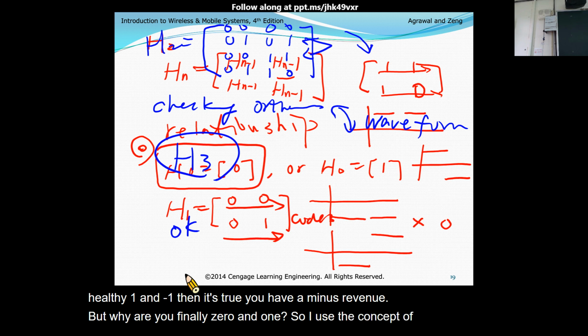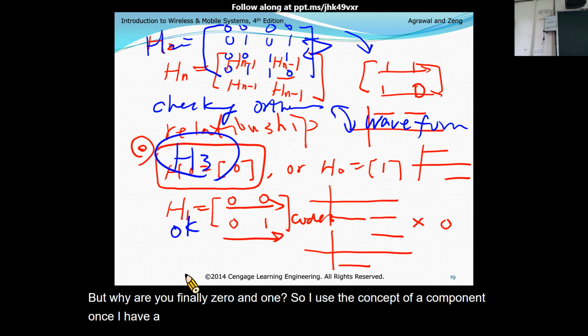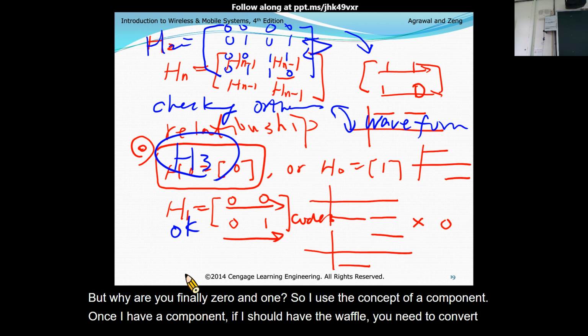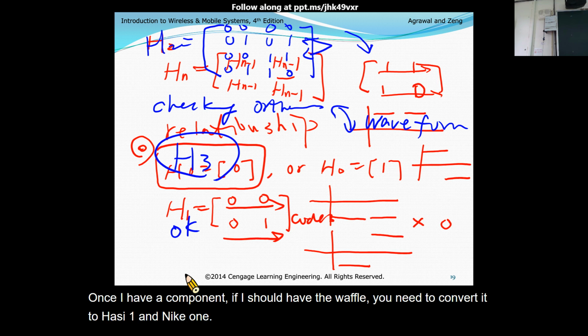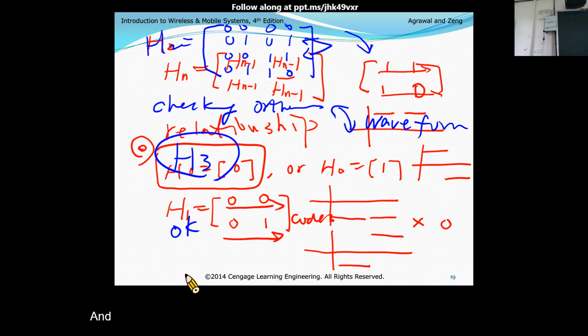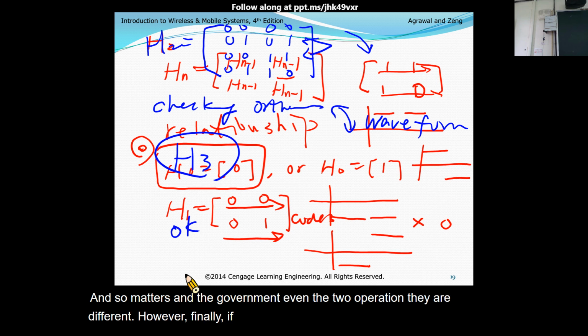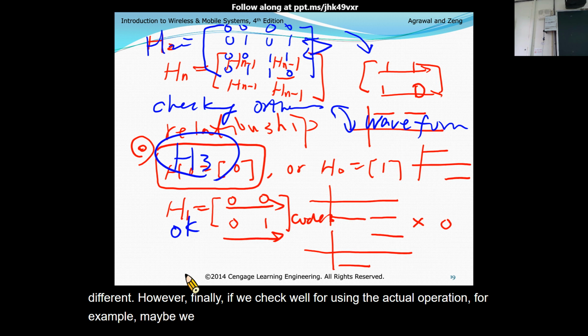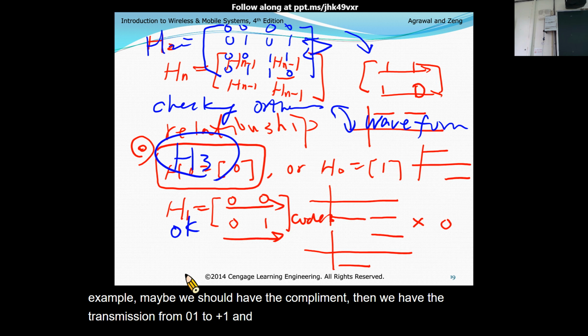Once I have the complement, to get the waveform you need to convert it to positive 1 and negative 1. Minus and complement are two different operations. However, finally, if we check the waveform, for example, we have the complement, then the transformation from 0, 1 to positive 1 and minus 1, and finally we always have the same waveform.